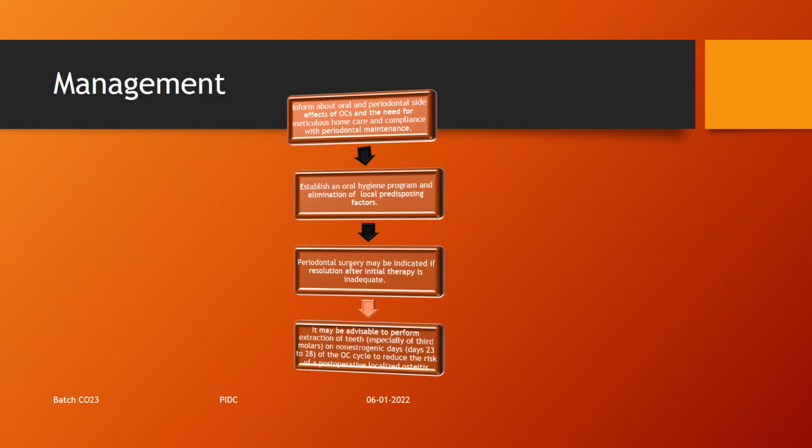Periodontal surgery may be indicated if resolution after initial therapy is not adequate. It may be advisable to perform extraction of teeth, especially third molars, on non-estrogenic days, that is days 23 to 28 of the oral contraceptive cycle, to reduce the risk of postoperative localized osteitis.